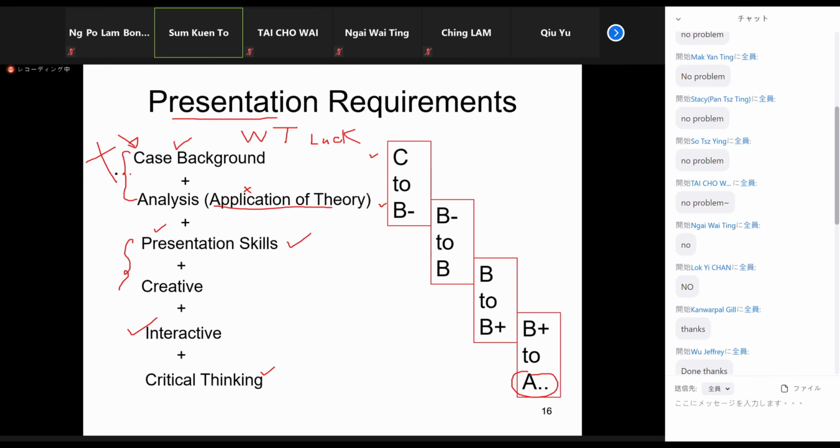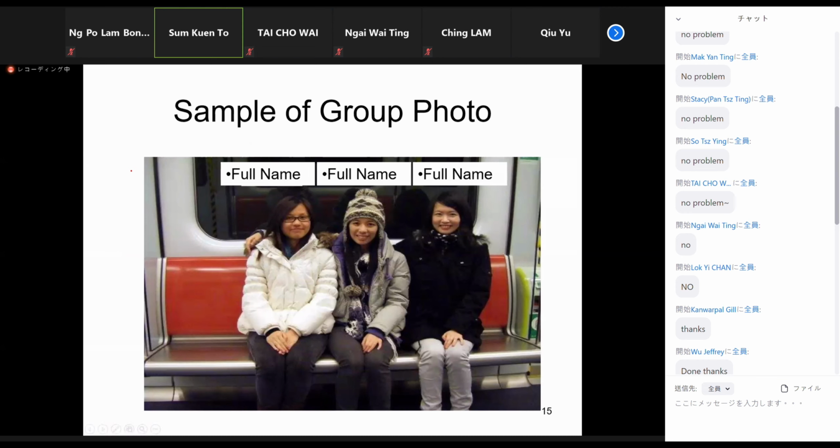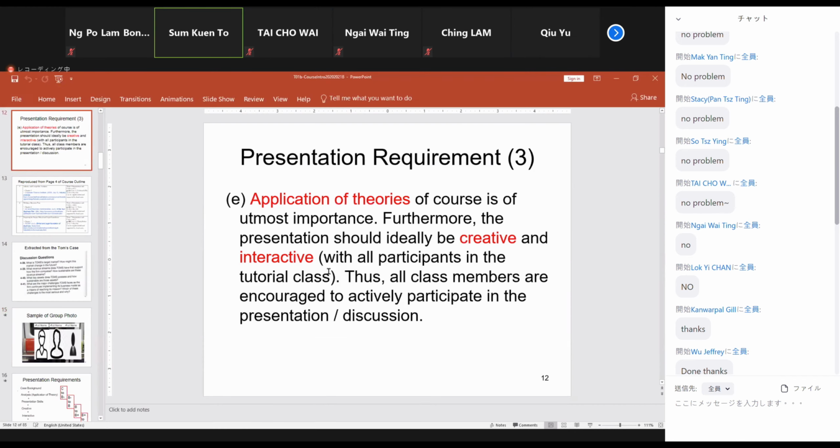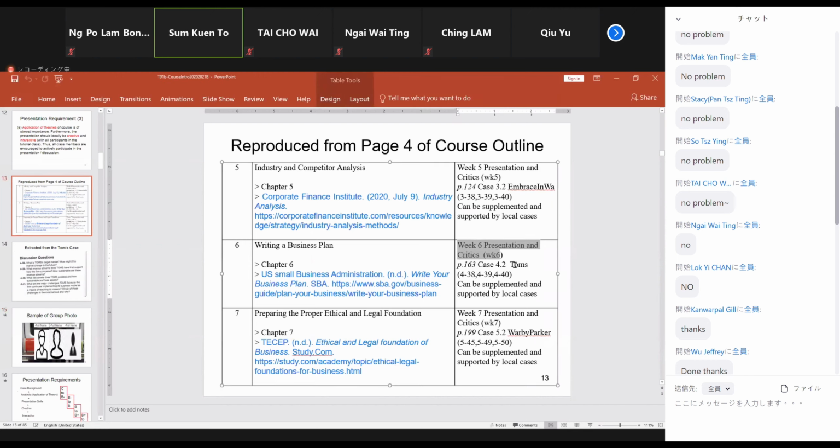And that's why I spent time just now telling you this. If you are presenting the wrong case, and people are so careless, so absent-minded, not only one person but the whole group. They are supposed to present week 6, but they may present something like the embrace infant warmer.